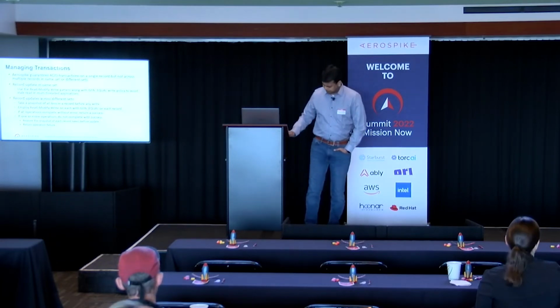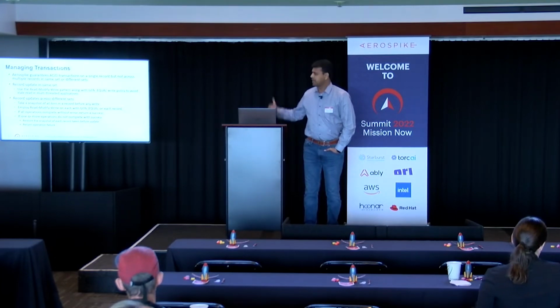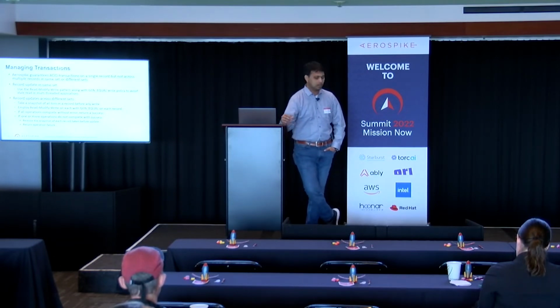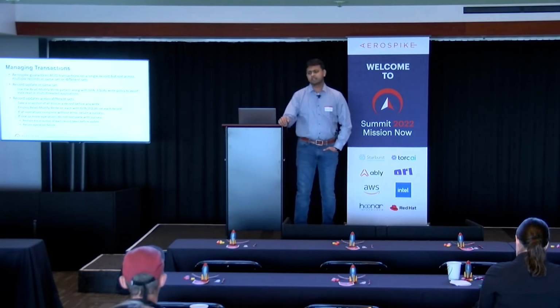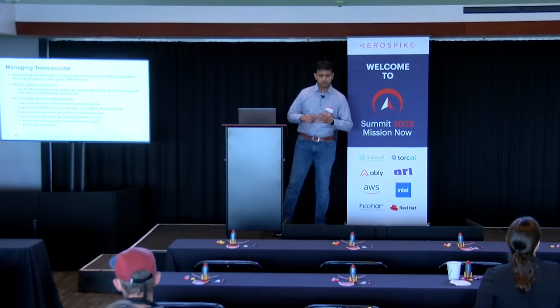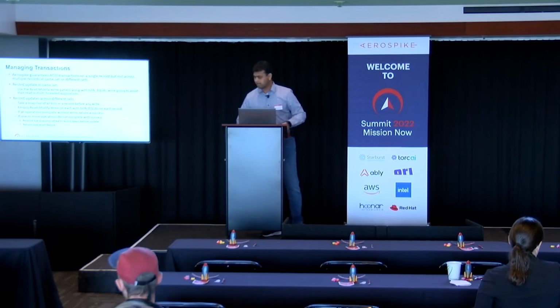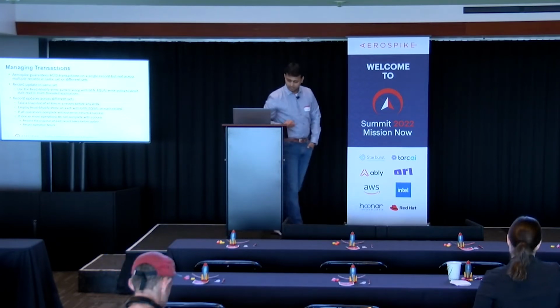One of the topics when Srini presented was that there is some work going on supporting multi-record transactions. As we all know, when we design systems, we want a system which can provide transactions, either on the same record when multiple threads are writing, or across records.